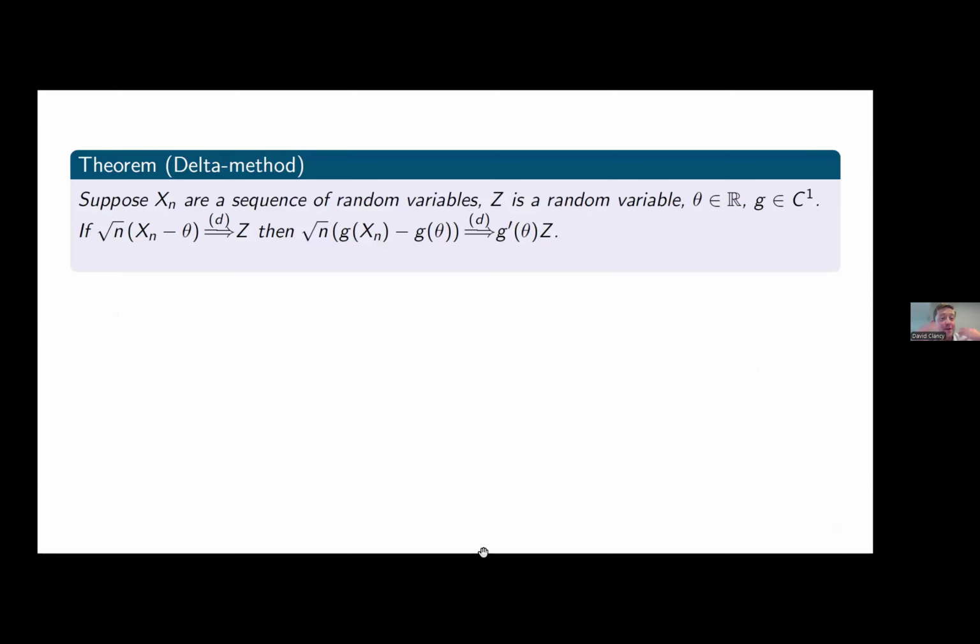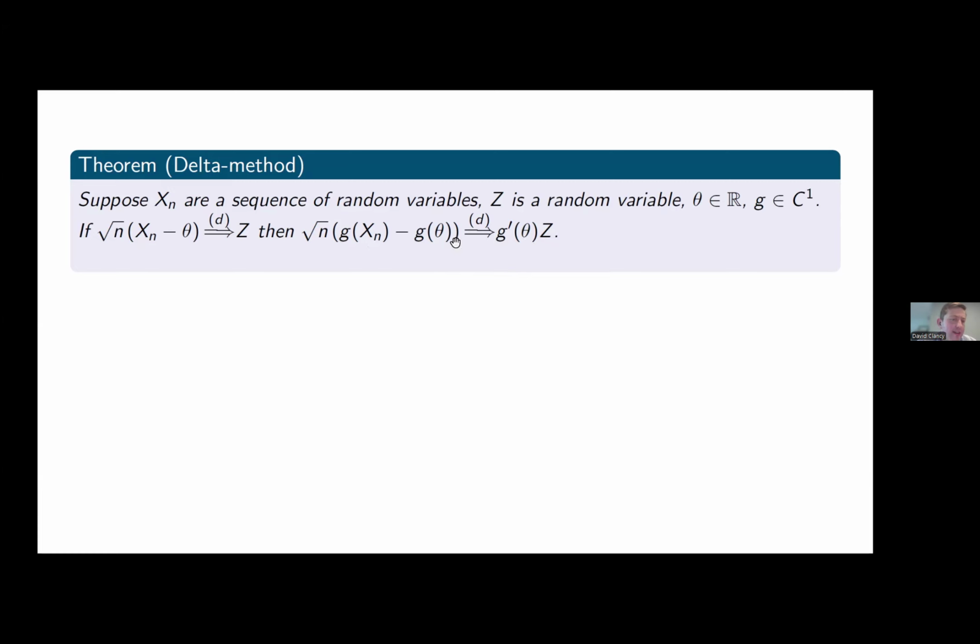It says that if you have a sequence of random variables Xn, think of these as test statistics, and you know that Xn converges in distribution to a parameter theta, and you can prove some CLT-type result, so you can show that square root of n times Xn minus theta converges in distribution to some limiting random variable Z, then applying any C1 function allows you to prove fluctuations of g of Xn minus g of theta.